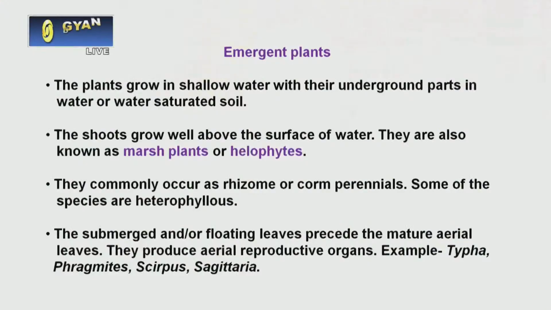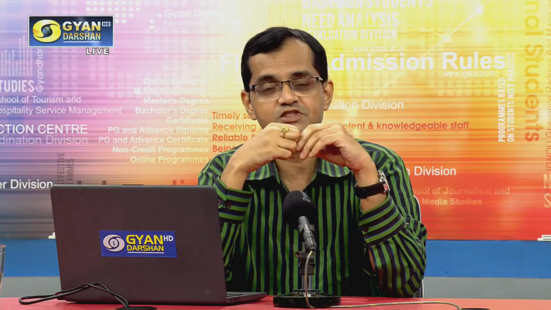Next we come to the emergent species. That is, the plants grow in shallow water with their underground parts in water or water saturated soil. I already told you what is meant by emergent species. These plants are present in soil which is saturated with water, and the shoots grow well above the water surface.